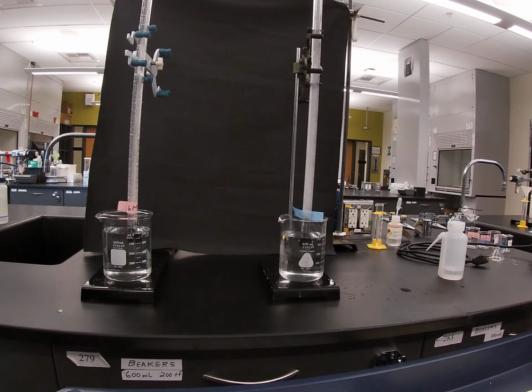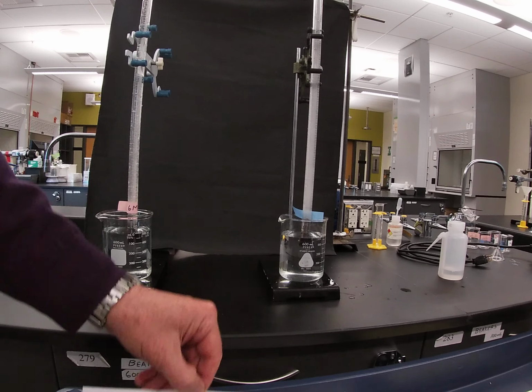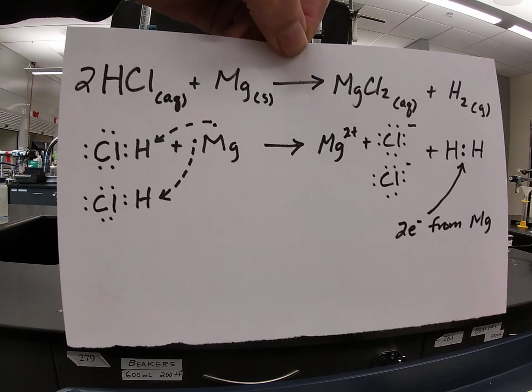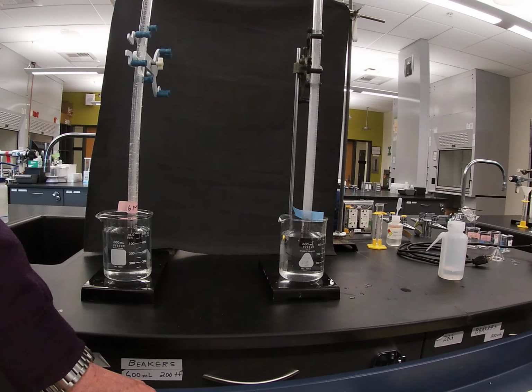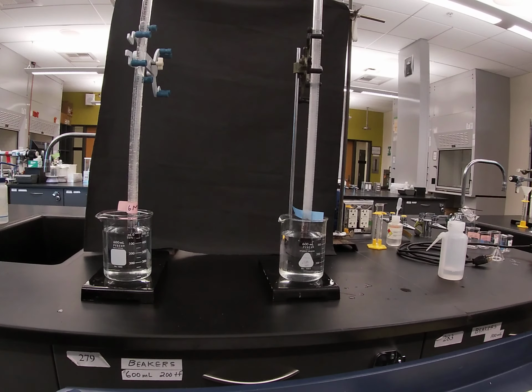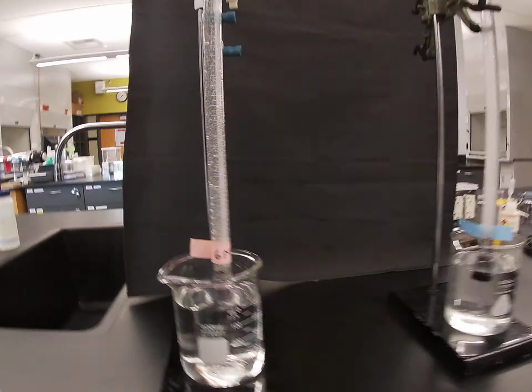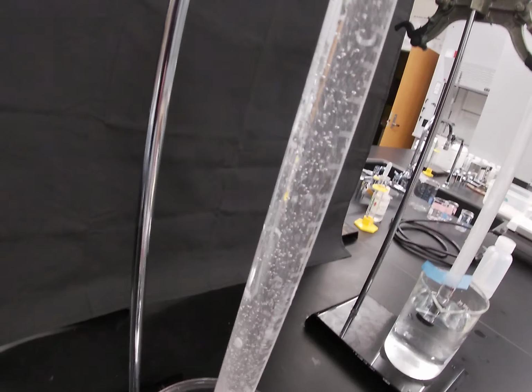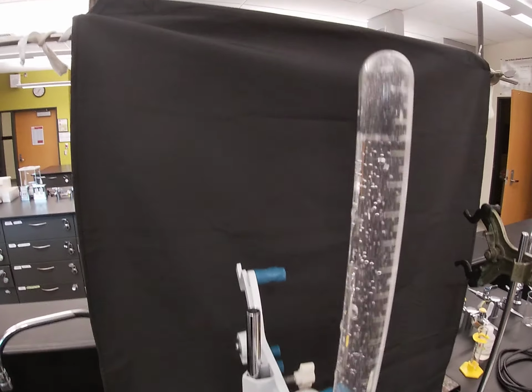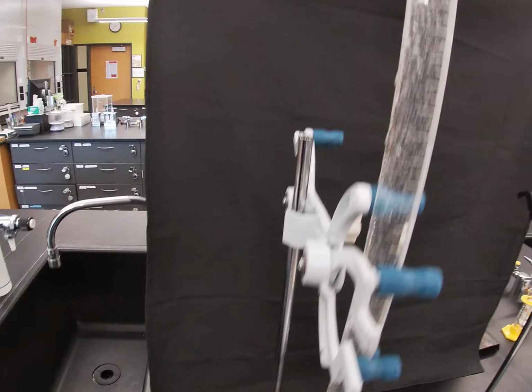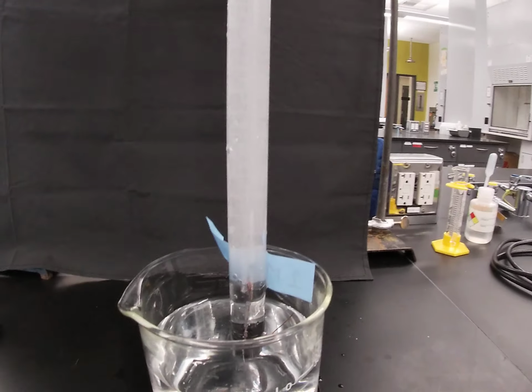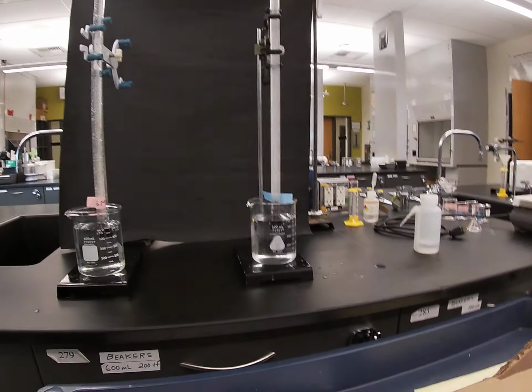The greater the concentration of acid, the greater the number of collisions between the acid and the magnesium, and the more rapid products then are formed. And in this case, since the product is a gas, it rapidly collects into large bubbles, and those large bubbles then evolve up the side of the tube and collect at the top at a rate much greater than the more dilute solution, where there are fewer effective collisions.